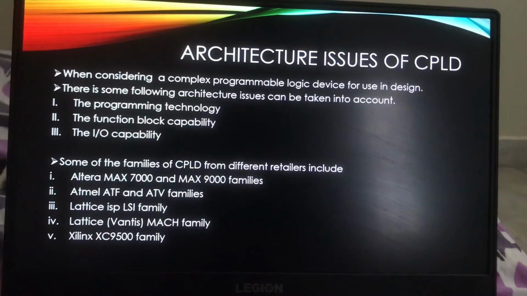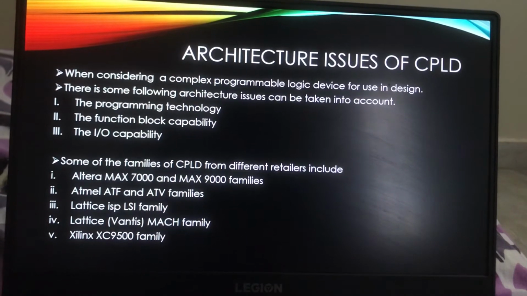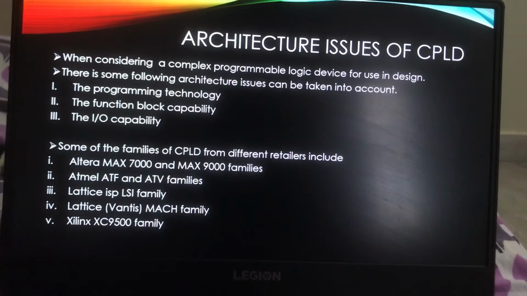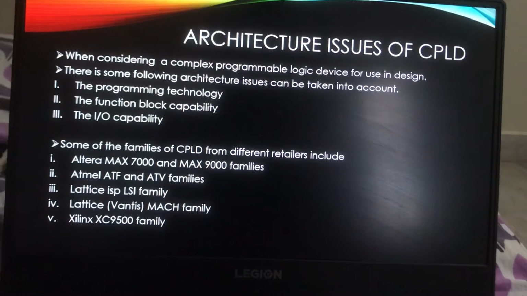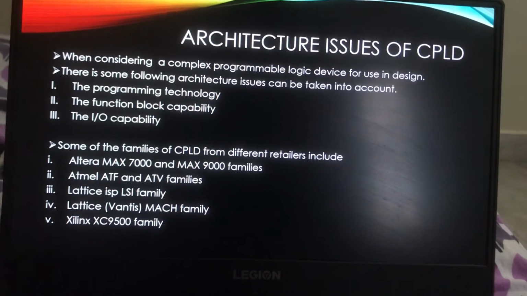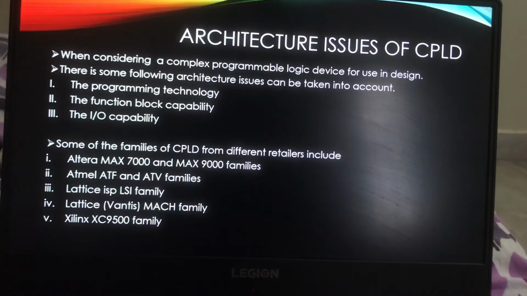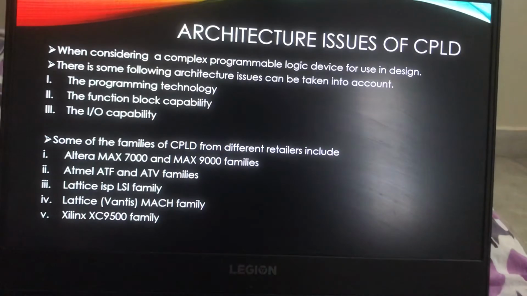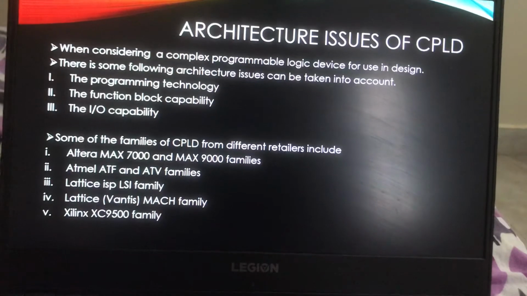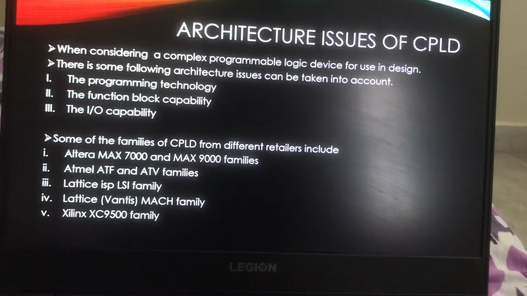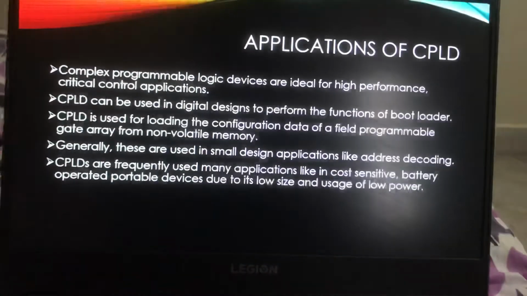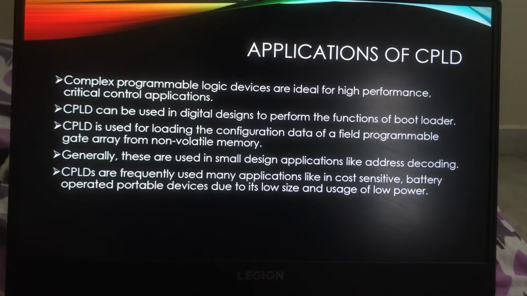Some of the families of CPLD from different vendors include Altera Max 7000 and Max 9000 families, Atmel ATF and ATV families, Lattice ISP LSI family, Lattice Mach family, Xilinx XC 9500 family.